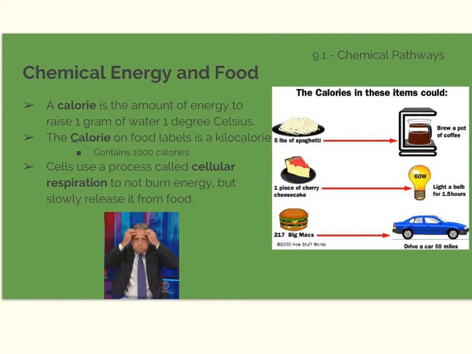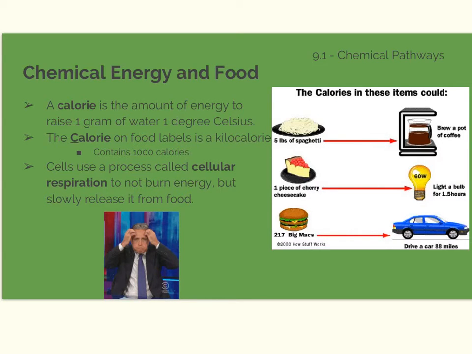Well, that's actually 560,000 actual calories. If we look at that, it essentially could raise a gram of water 560,000 degrees Celsius, which is a lot. Okay, so please know the difference.